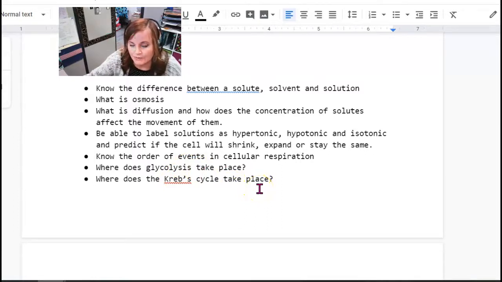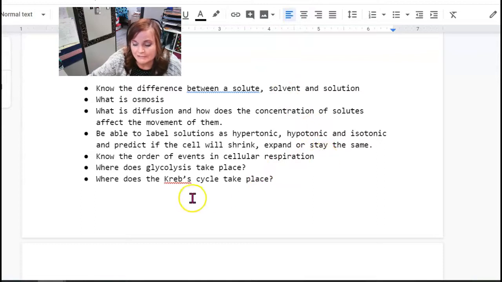Give the order of events in cellular respiration. The 4 things you're going to be looking for, guys, are glycolysis, pyruvic oxidation, the Krebs cycle, and the electron transport chain. Where does glycolysis take place? Look that up. Where does the Krebs cycle take place?